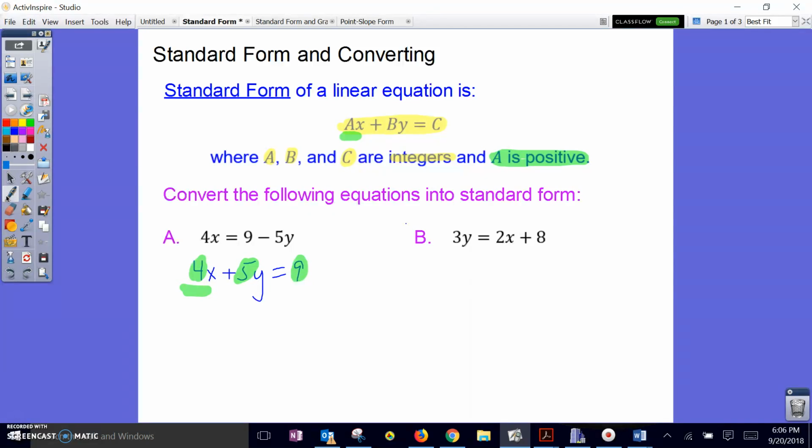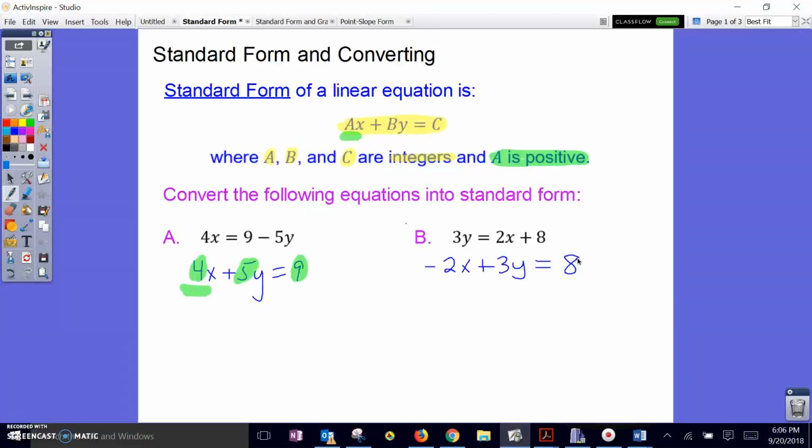Alright, let's look at B now. Here I'm going to subtract 2x from both sides to get the x's and y's on the same side. That's our first goal always when we're getting into standard form: get the x's and y's on one side and numbers on the other. Now this is almost in standard form. All the coefficients are integers, but the x coefficient is a negative value.